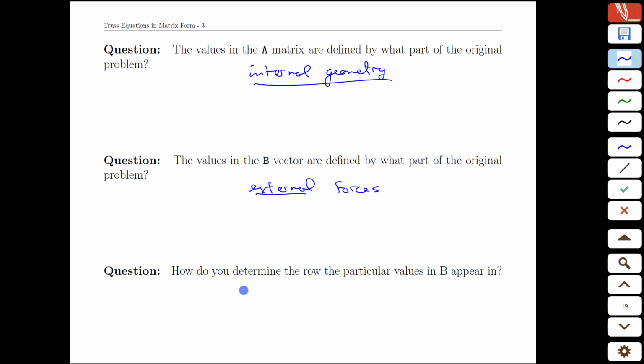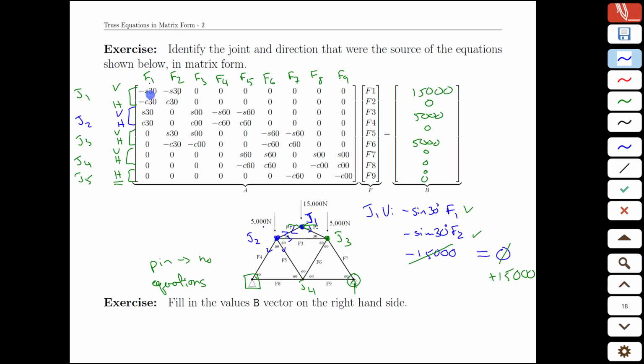And how do we determine the row that a particular B value appears in? We just look at the geometry, and specifically we look at the equation represented in A. So if we go back again, we look at a row in A, and we say, well, which balance equation is that? That's the vertical balance for joint 1. Oh, there's a vertical external force on joint 1, so that's where we'd get a value for our B vector.